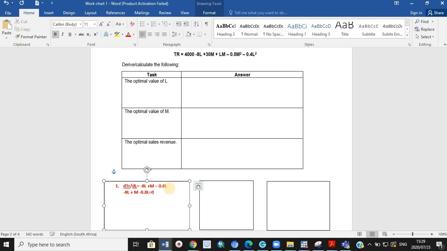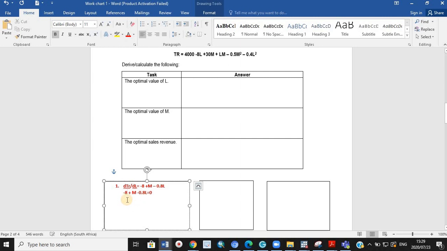All right, very good. So let's solve for L. Wait, this is not 8L, it's just 8. Let's not make confusion here. This is 8, right? So let's solve for L.